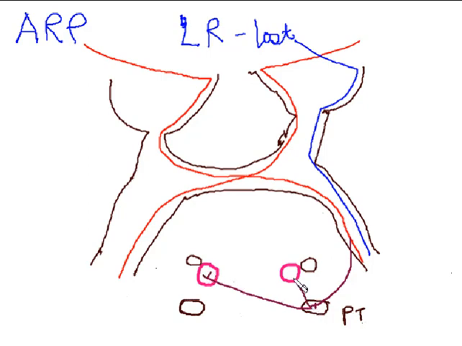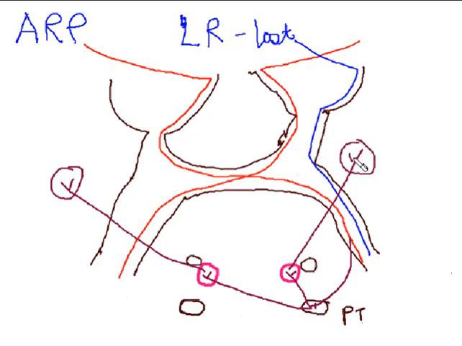From the Edinger-Westphal, it would go with the third nerve of both sides, synapse in the ciliary ganglion, and then postganglionic fibers travel in the short ciliary nerves, and they will go to the sphincter pupillae. So this was the ordinary light reflex.